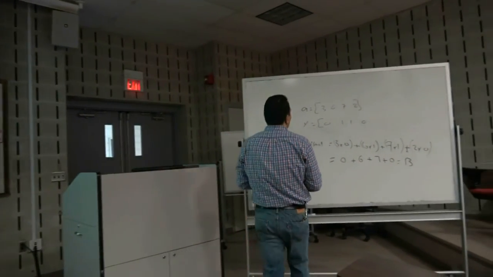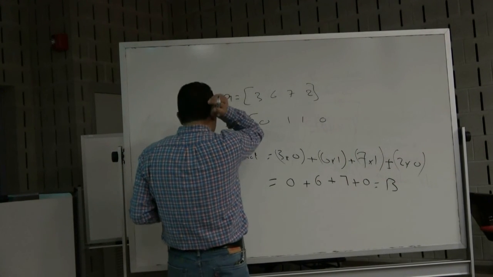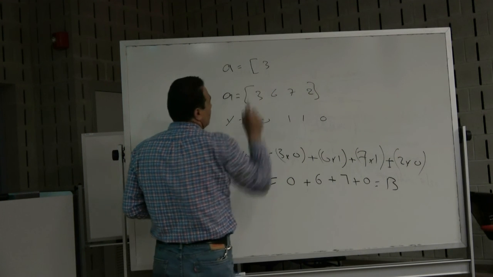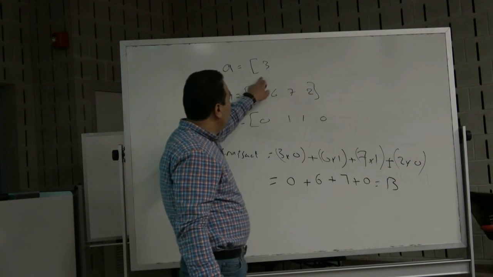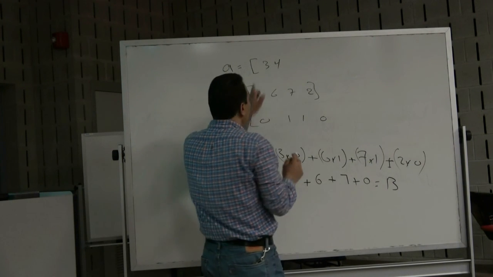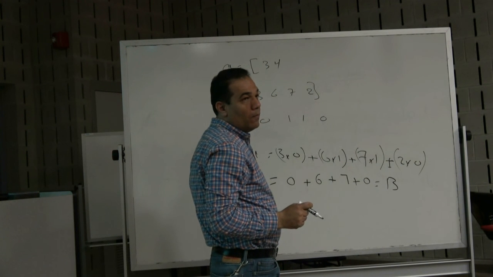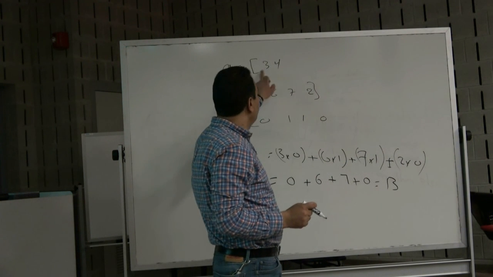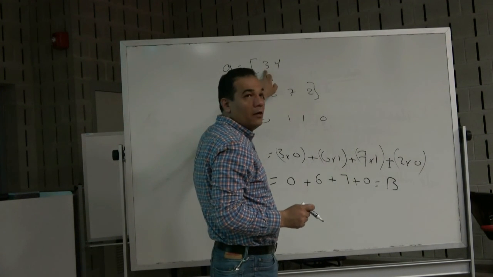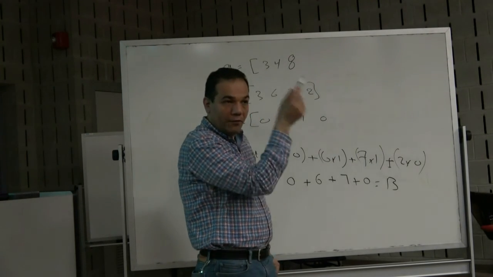Let's try one more. Let's start with A equals 3. What could be the next one? 4. What could be the next one? It has to be bigger than 3 plus 4, which is 7, so it has to be 8, or 9, or whatever.